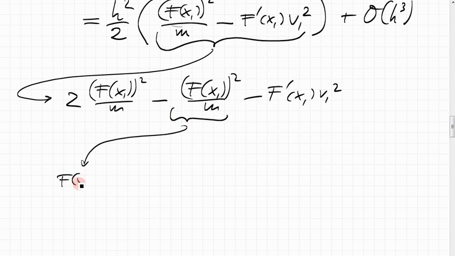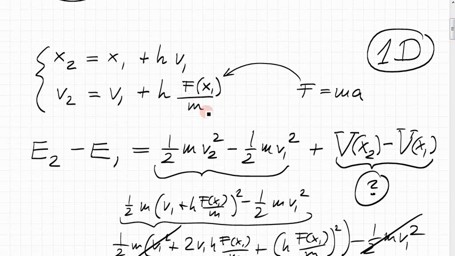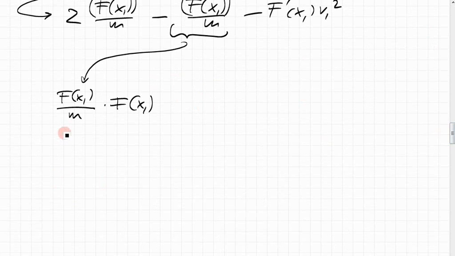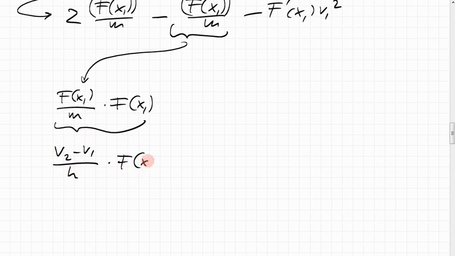Let's look at the second term here. It's the force at the initial position over mass times force. Force over mass, we've seen that before. I can compute the force at the initial position divided by the mass by v2 minus v1 over h. So this is v2 minus v1 over h times the force at the initial position.